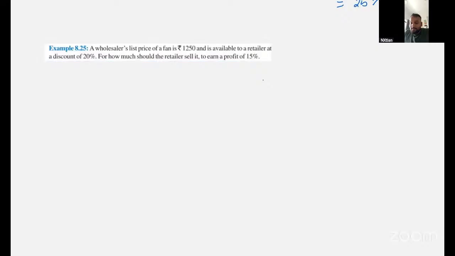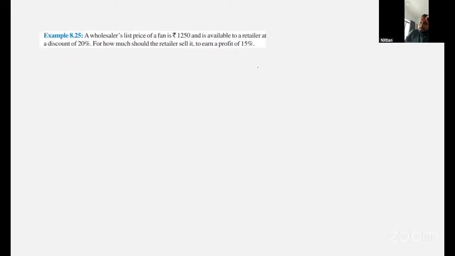We'll do this question. A wholesaler's list price of a fan is 1,250. Put a star mark on this question, okay? It is available to a retailer at a discount of 20%.